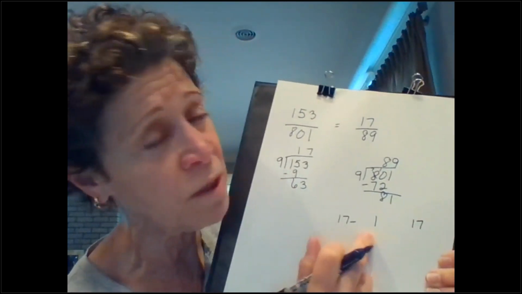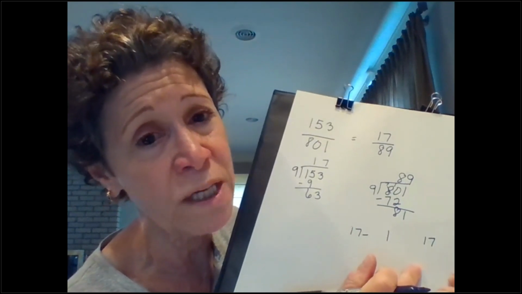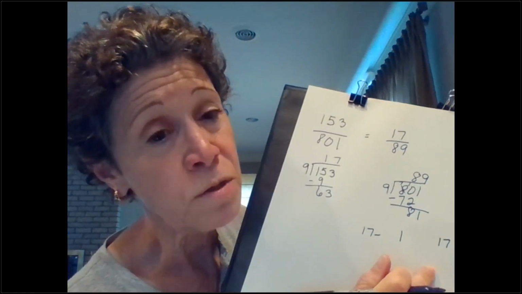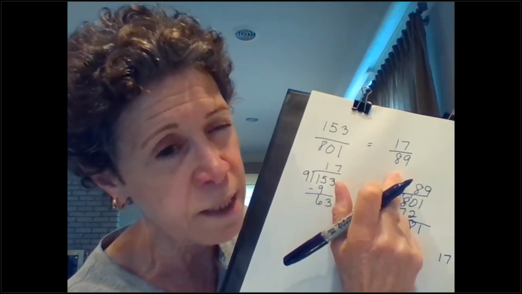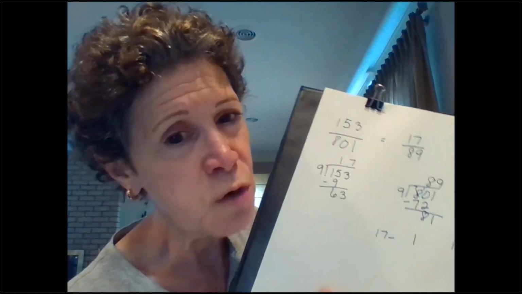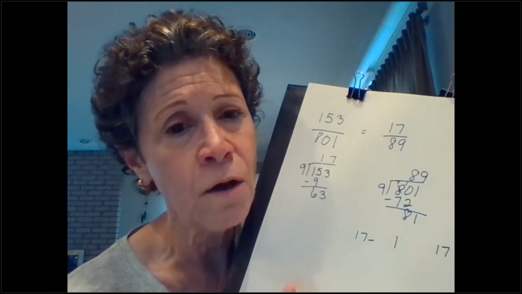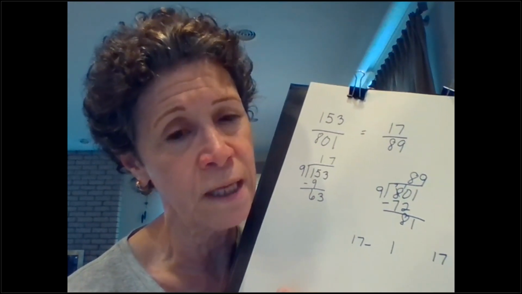I can keep going, but the only things that divide into 17 are 1 and 17. So now my question is, would 17 go into 89? Do you think that 17 would go into 89 evenly?